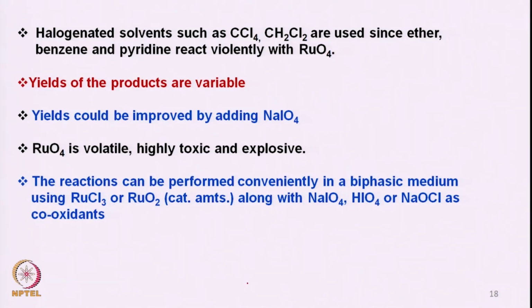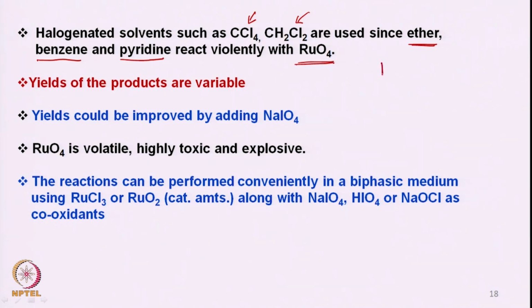Halogenated solvents such as CCl4 and dichloromethane are used because ether, benzene and pyridine react very violently with ruthenium tetroxide.